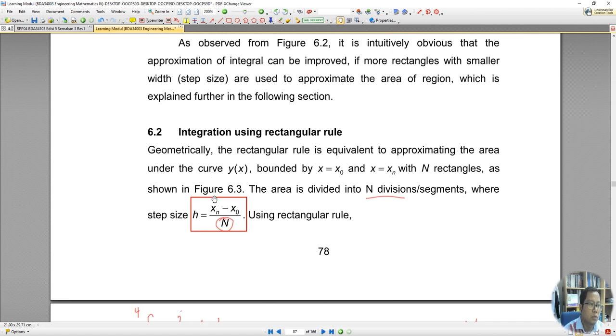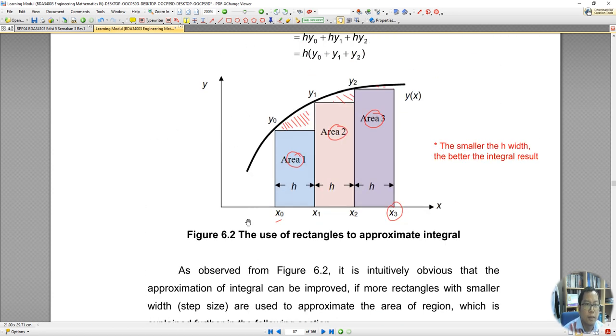The point is, the smaller the height, meaning the more sections or rectangles you have, the better the integral result, because you decrease the area here, which is the error that is not considered during the calculation.